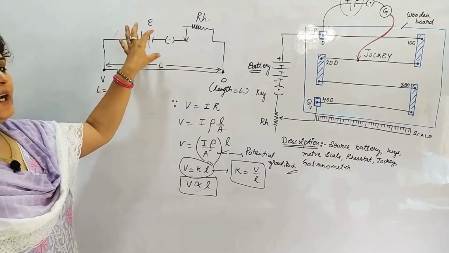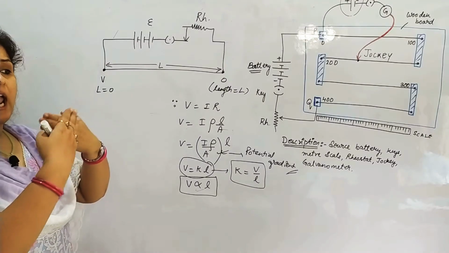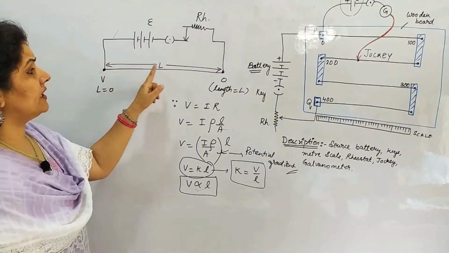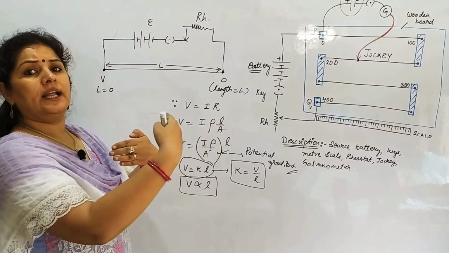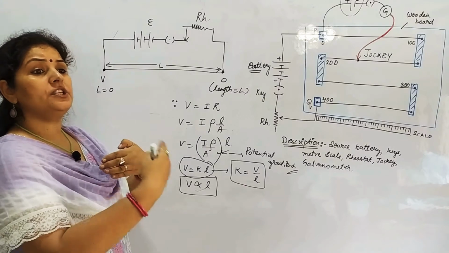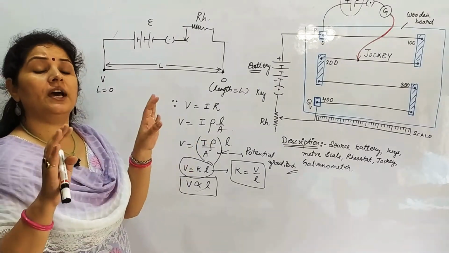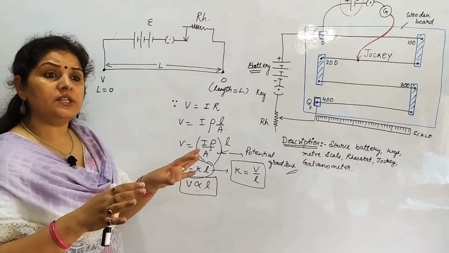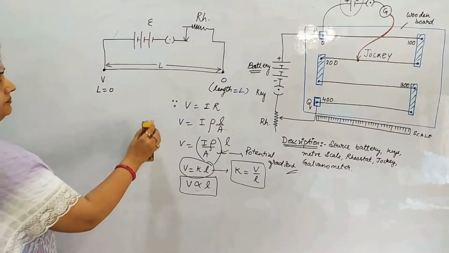The source sends some current which generates a potential difference between these 2 points. As we keep on increasing the length here, the potential drop per unit length goes on decreasing, right? So we are going to study how this potential drop makes the difference whenever we are connecting a given circuit to different sources of potential, right?